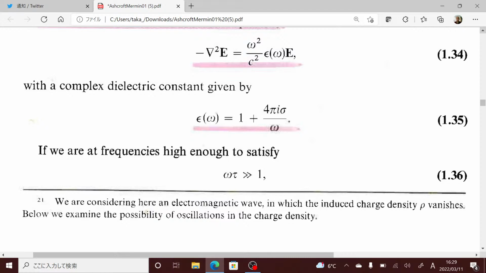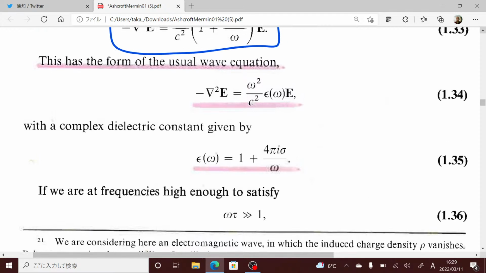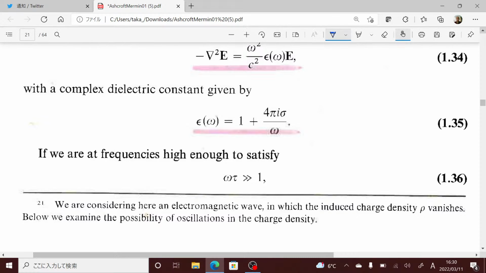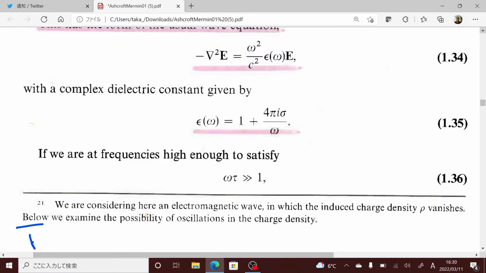Here, but below, maybe we examine the possibility of oscillations in the charge density. Not here, but below, maybe. Below, does this mean next page? I don't know. Below, next page.